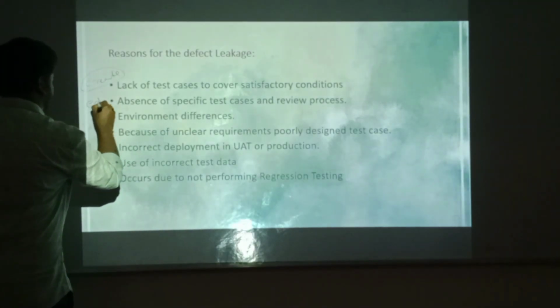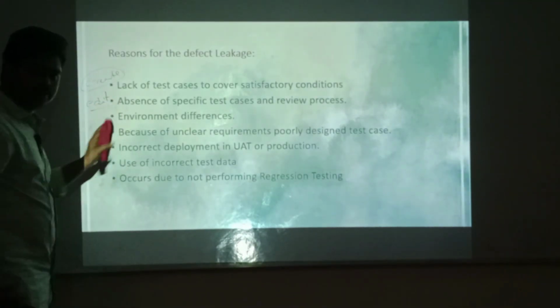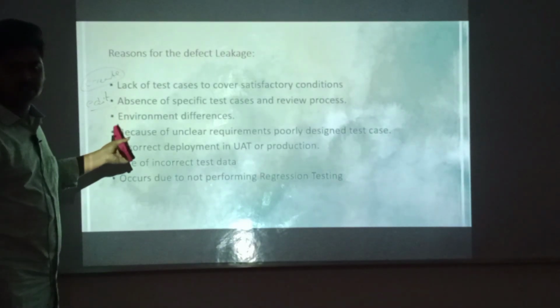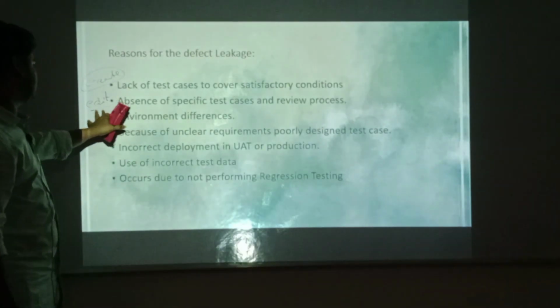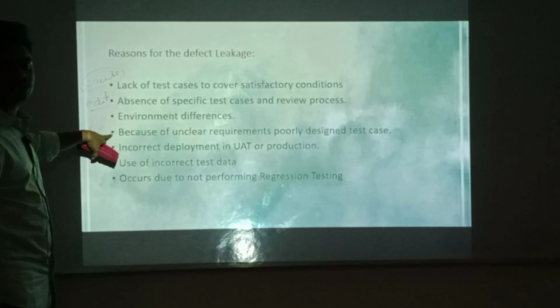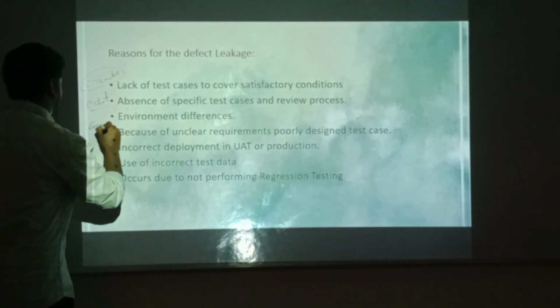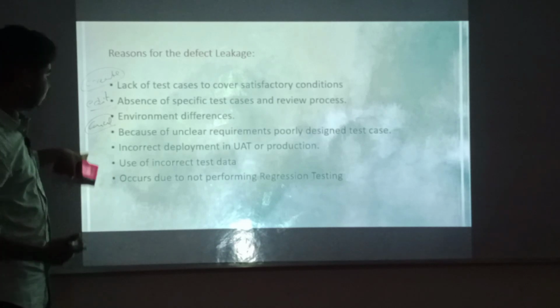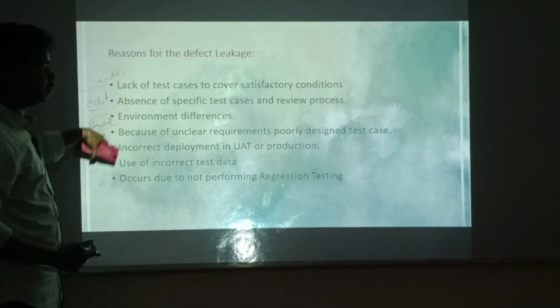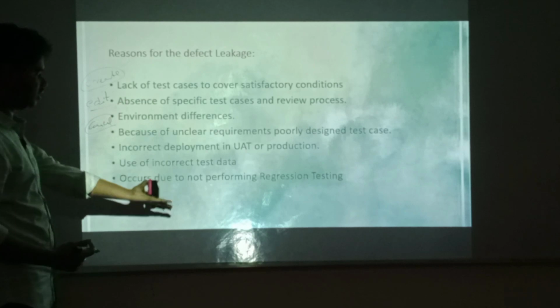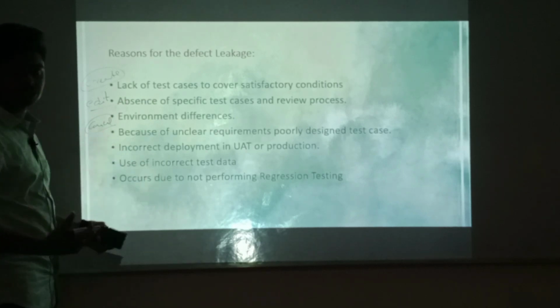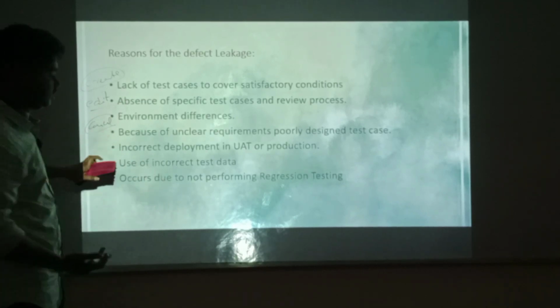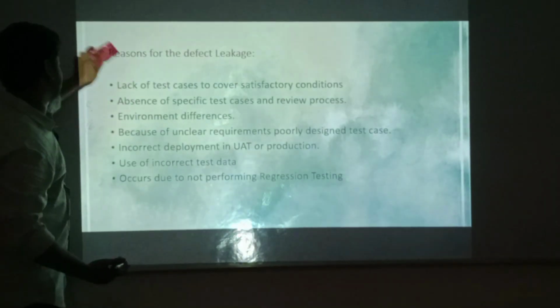We assign the defect to the developer and he fixes the code and corrects the edit functionality. Due to this code change, the cancel button is not working properly. It is the reason for defect leakage. So if you test the cancel button too, we can prevent the defect leakage. If you didn't go with regression testing, it has a chance to damage other functionalities. That is one of the reasons for defects.